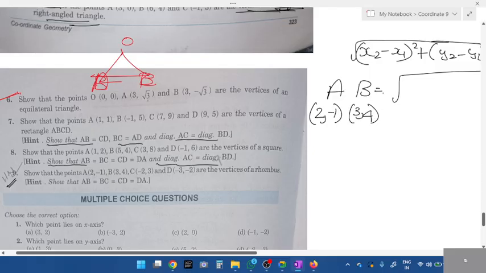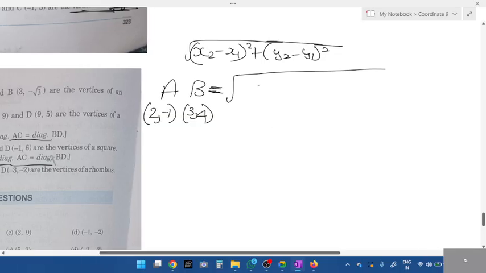Others try, students. Others completed. Don't look at the screen. You all completed. Okay. Now without writing the formula, tell me the value. Delisha, what is x2 here? Minus x1. Y2.